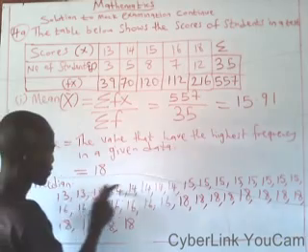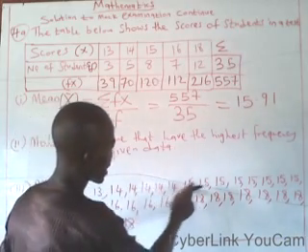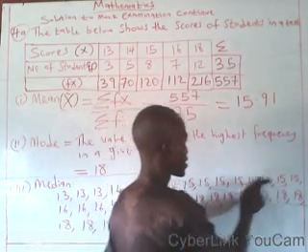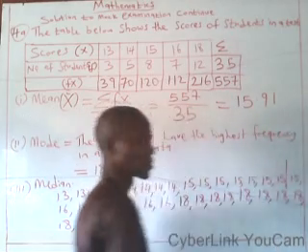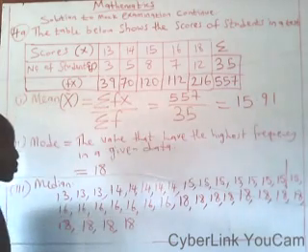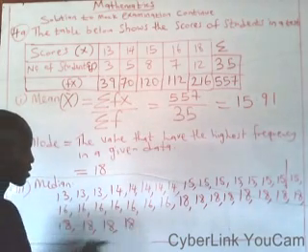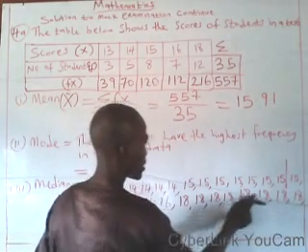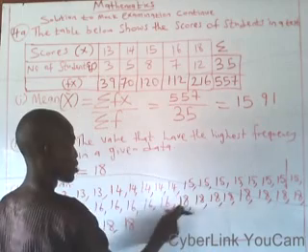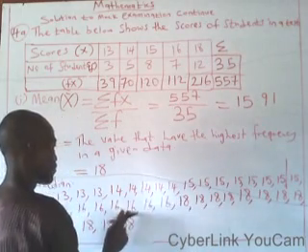Here, 1, 2, 3, 4, 5, 6, 7, 8, 9, 10, 11, 12, 13, 14, 15. Let us stop here. Let's go to the back of the data. 1, 2, 3, 4, 5, 6, 7, 8, 9, 10, 11, 12, 13, 14, 15.